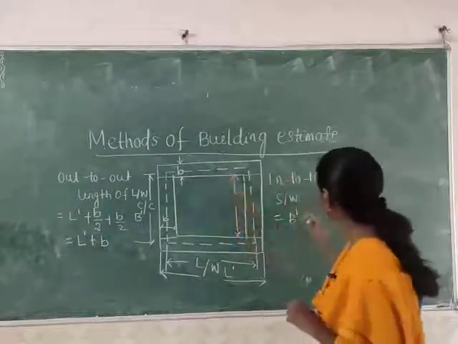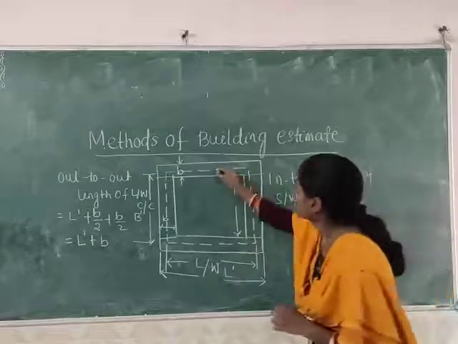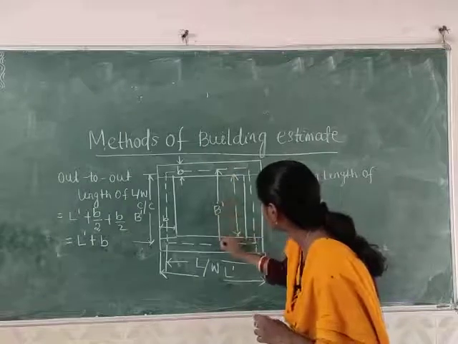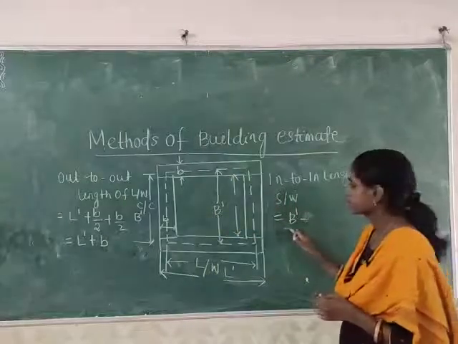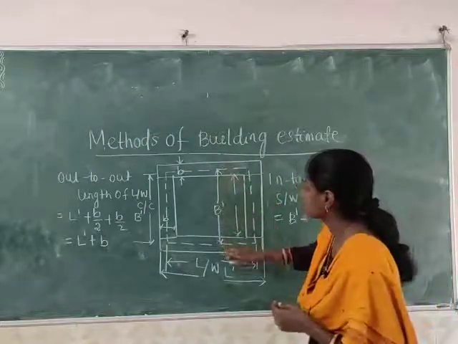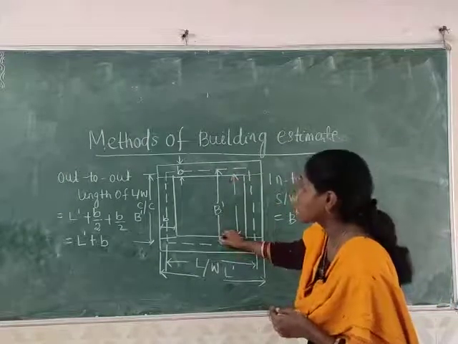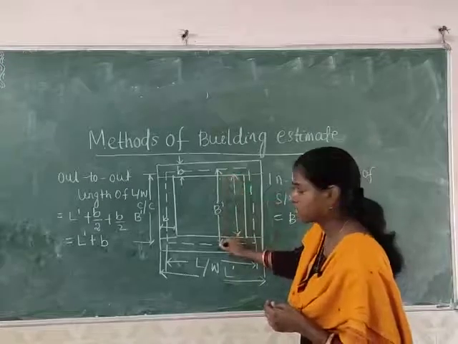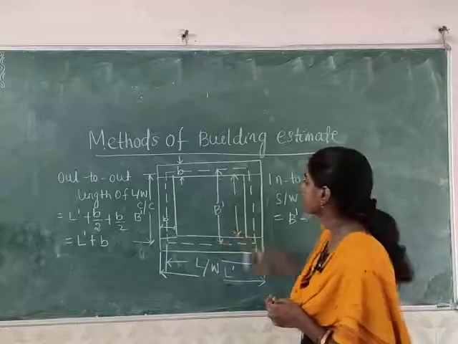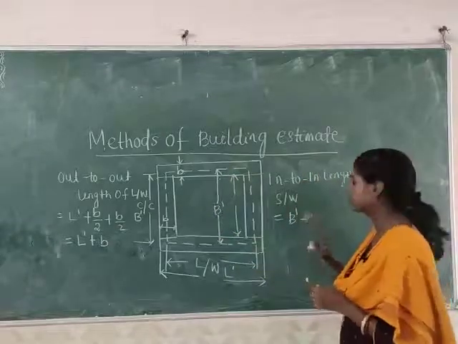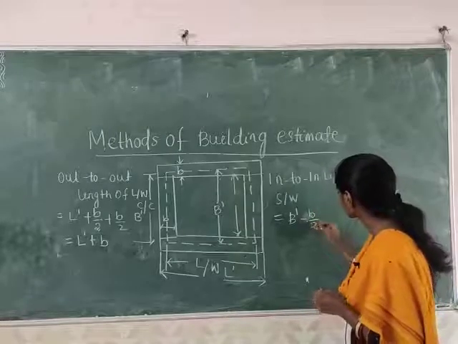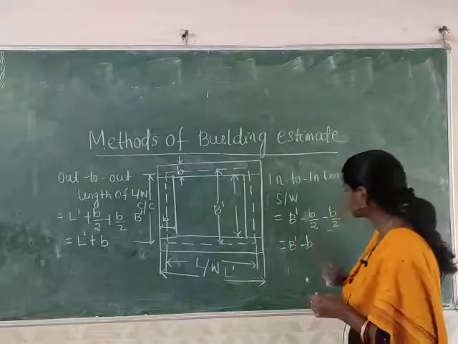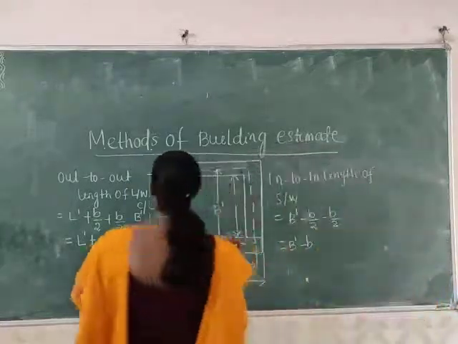From the center line length B dash, if we subtract half of the thickness of the wall from one side and half of the thickness from another side, then we will get the in to in length of the short wall. So, in total it will be B dash minus b.